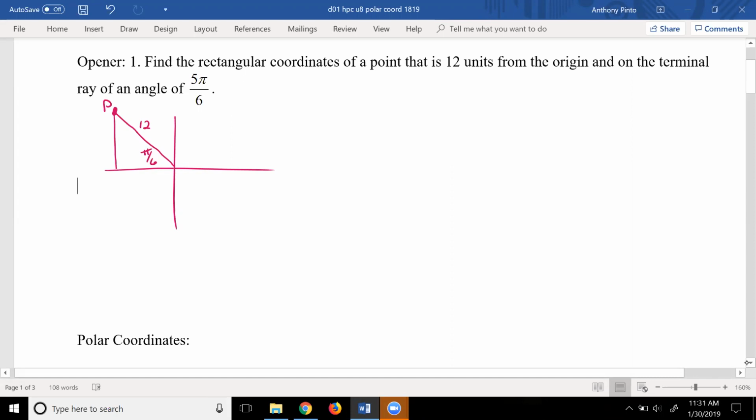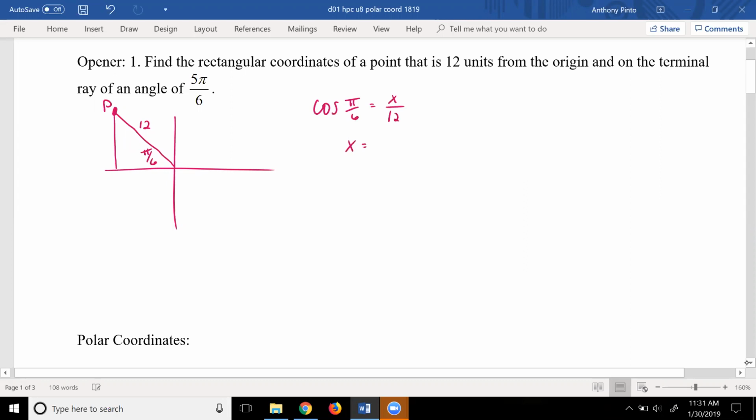What we want to find are the rectangular coordinates, which is like the XY point, which you've been doing since pre-algebra days. So we want to find this X value on the X-axis and the Y value, which is the height of our triangle. Cosine of pi over 6 is equal to x over 12.